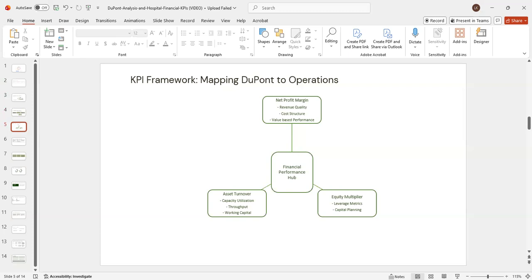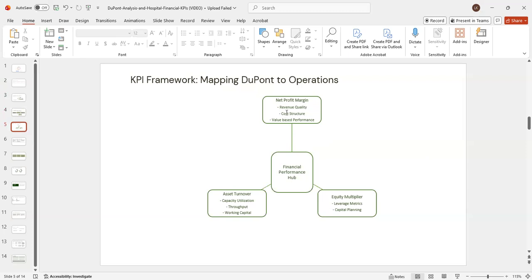You manage your organization through operations, which in turn have certain financial outcomes. So if you're going to manage these financial measures and try to maximize them so that your ROE is maximized, you need to figure out what operational levers you can pull to maximize these measures. I've identified a few in this chart.